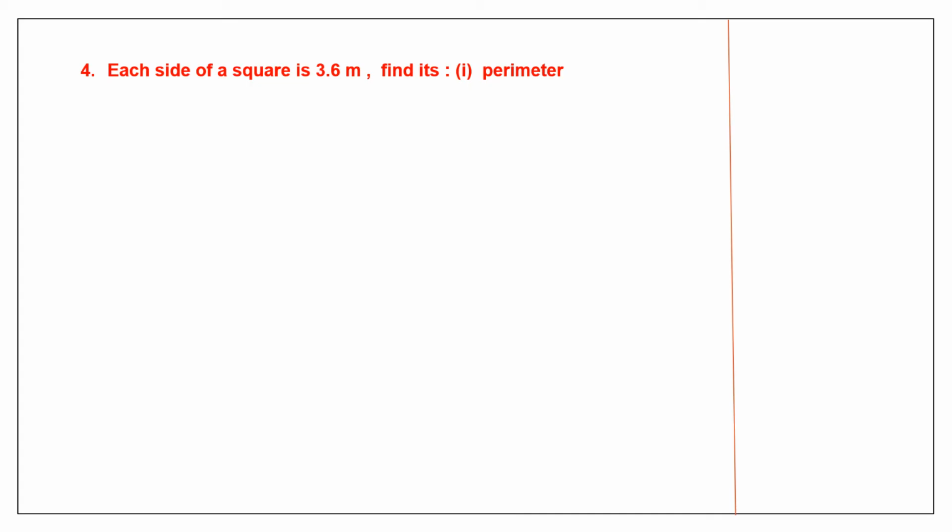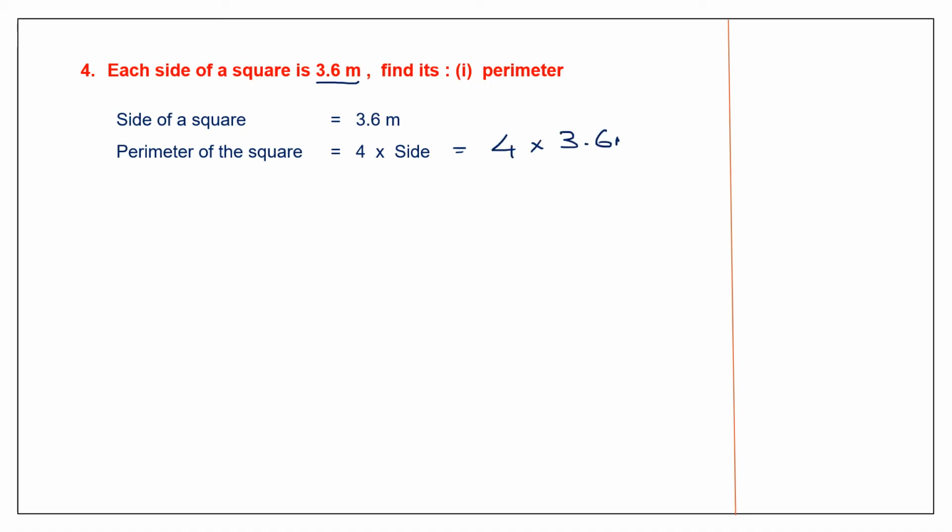Question 4. Each side of a square is given. The first thing we need to find is its perimeter. So side of the square is given to us as 3.6 meters. The perimeter of a square, the formula is 4 into side, which is 4 into 3.6 meters because that is the side. So let's multiply 3.6 into 4.